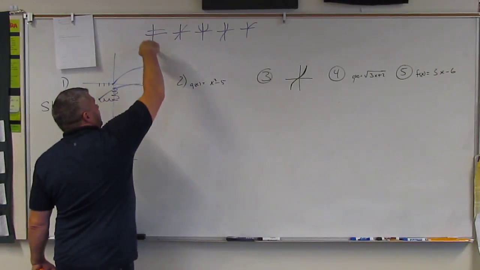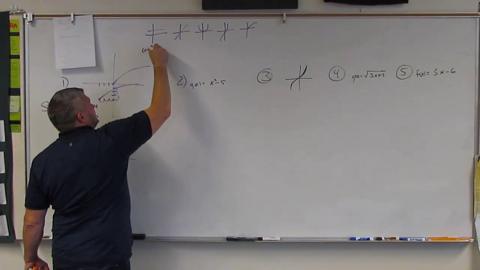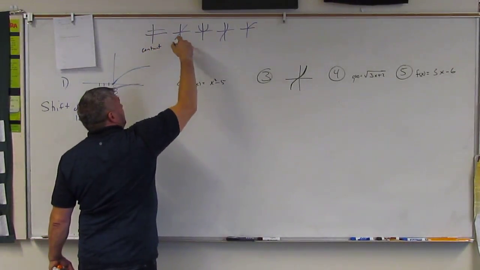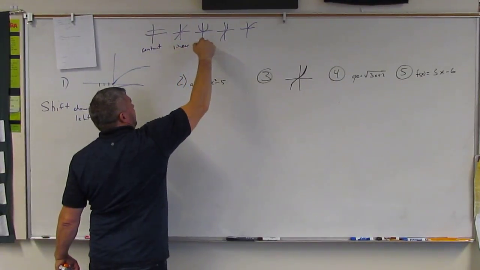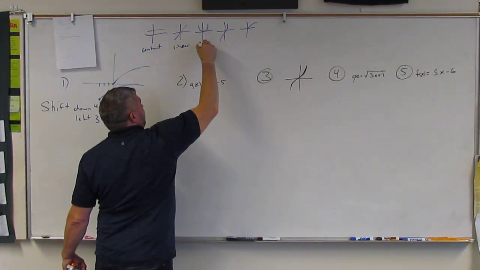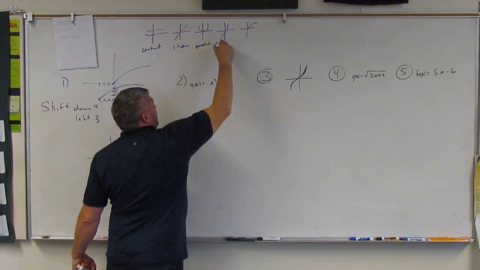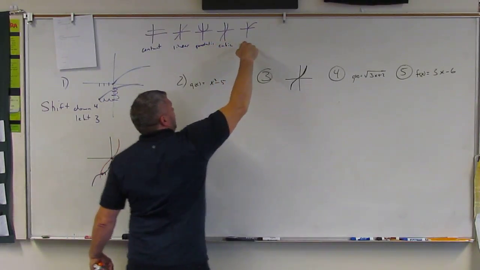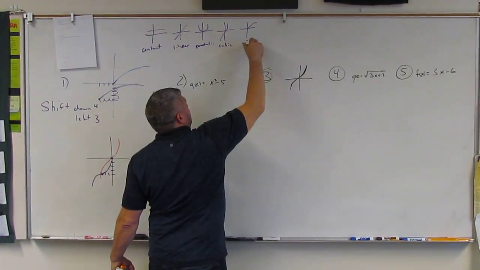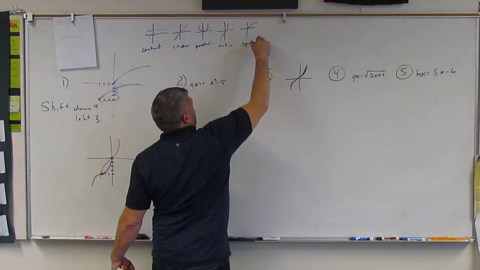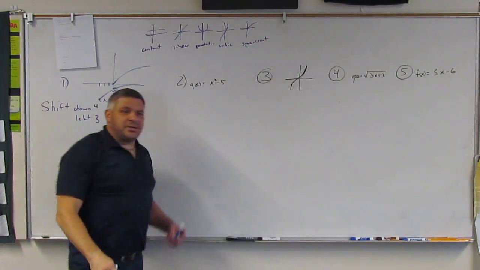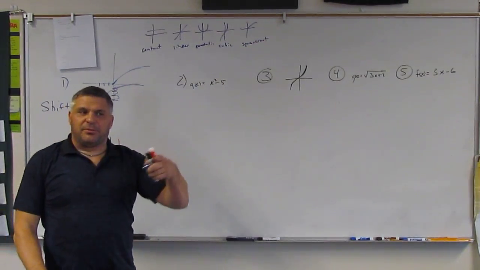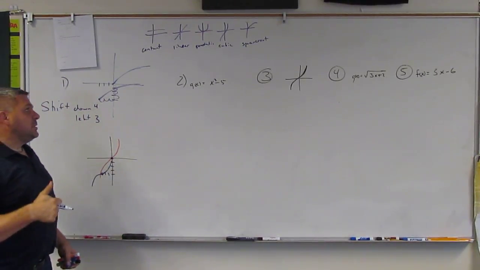And they were what? Constant. Linear. Good. Linear. Quadratic. Cubic. Square root. Remember, we're not going to do quintic and quartic for a little bit, but yeah, good job.